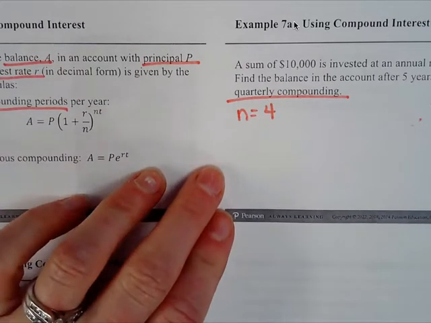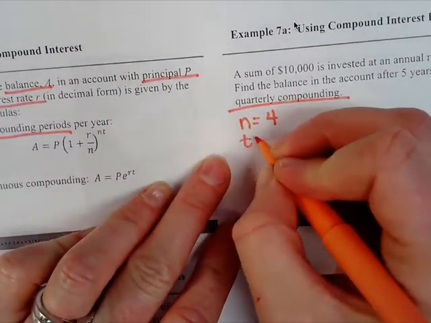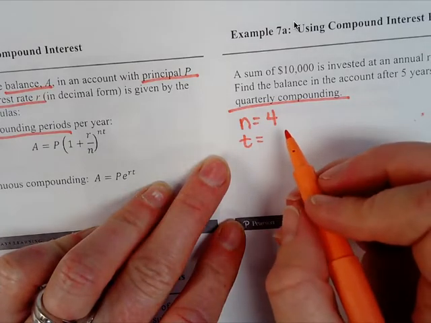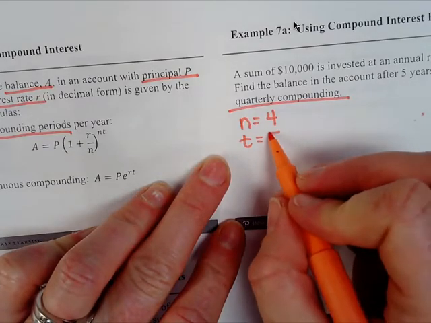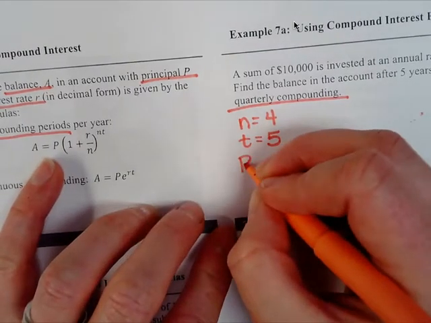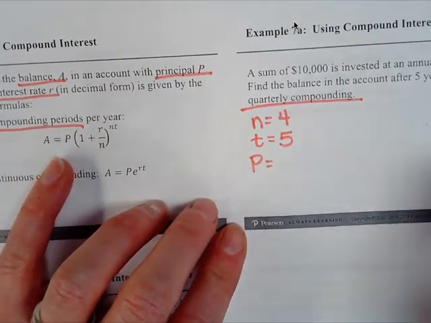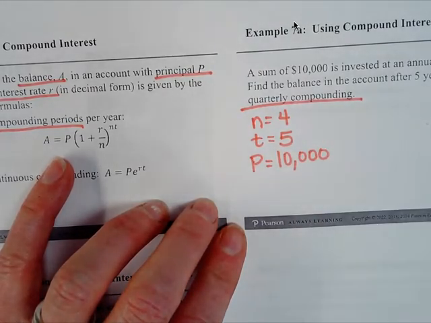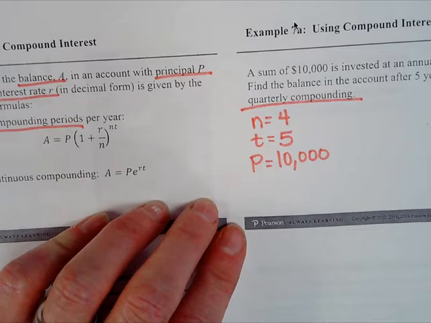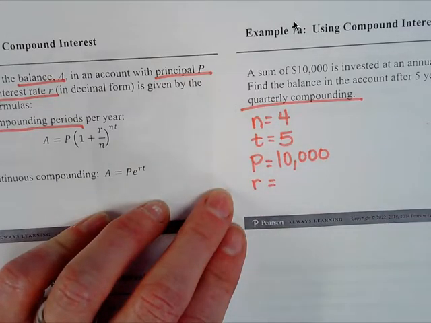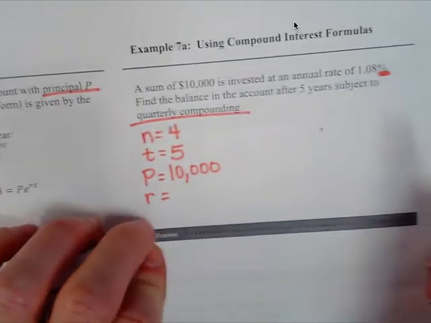Okay, what is the years, T? 5. What is P for principal? 10,000. And then what is our rate, R? It's written as a percent, but we're supposed to write it as a decimal.